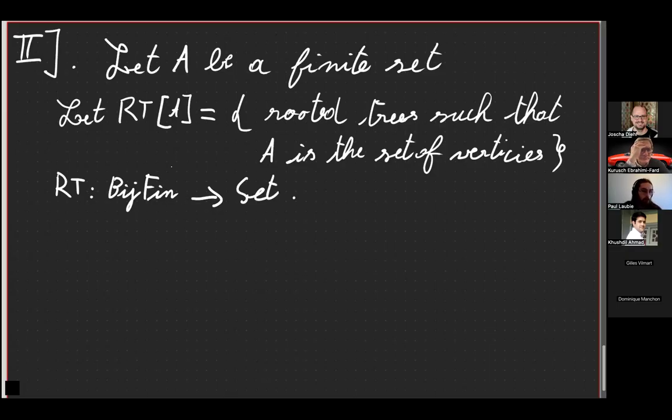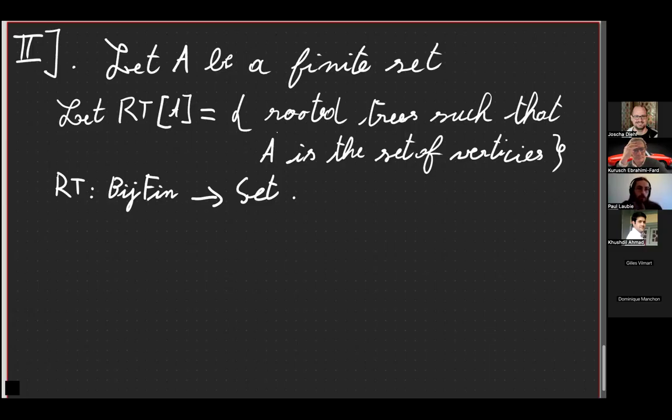We should not be afraid of this. This only means that to any finite set, I associate a set in a way that is compatible with bijection. So if A and B are in bijection, of course, I can replace the vertices of my tree, if A is the vertices of my tree, by B, because the bijection tells me how to do so, right?